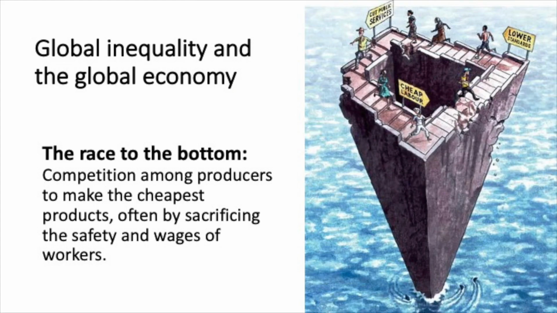Another element of the global economy, and this was not in your readings as far as I can remember, but another part of the global economy that really does contribute to global inequality is this concept called the race to the bottom. And it is kind of what it sounds like. This is the idea that we have competition among producers. Let's say producers of t-shirts, all right?